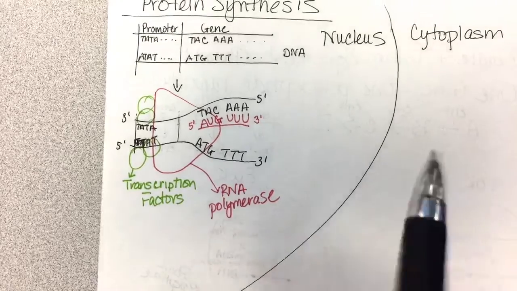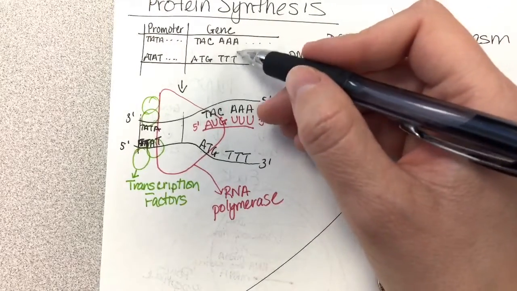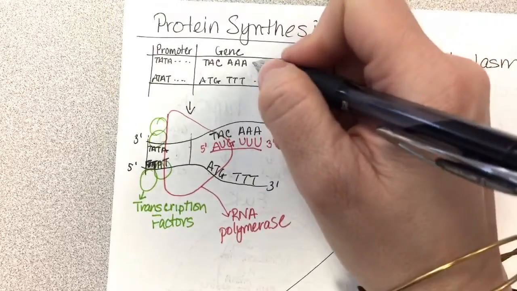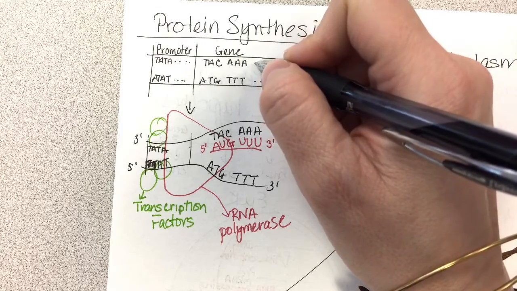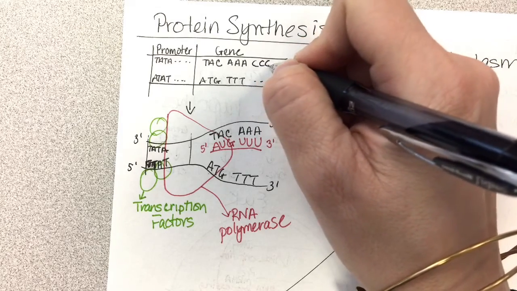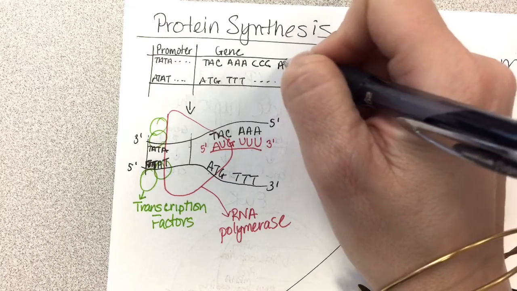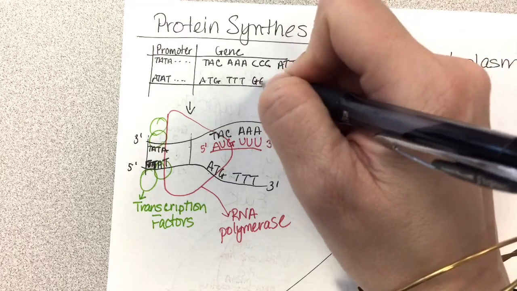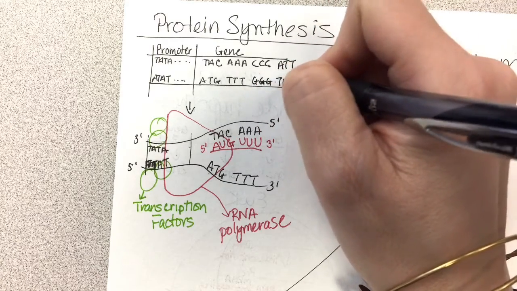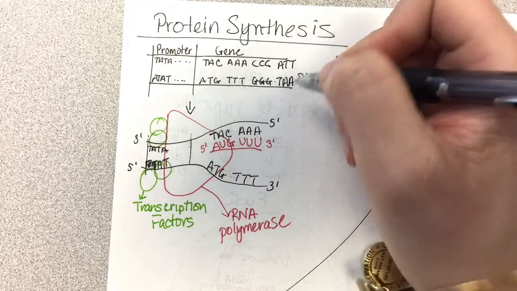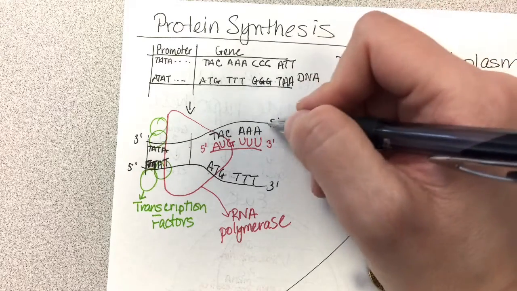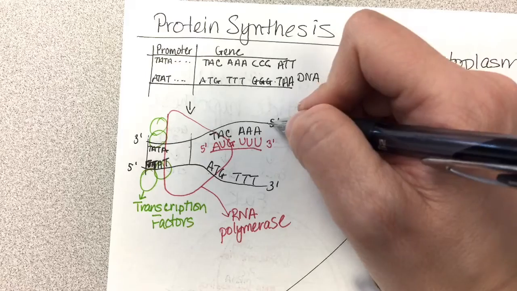Actually, let's go ahead and put in, to make it more similar to your notes here, let's say that this is CCC and then ATT. So let's add some bases, a couple of things on here so I can show you. It's opened up here, but I want to show you that it opens up in a bubble.